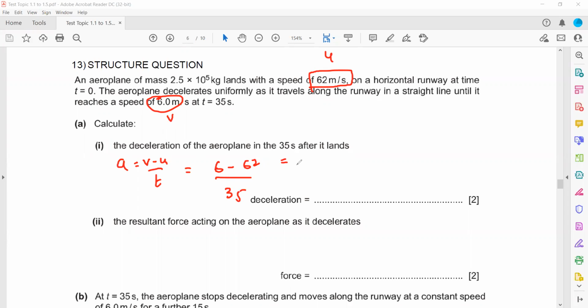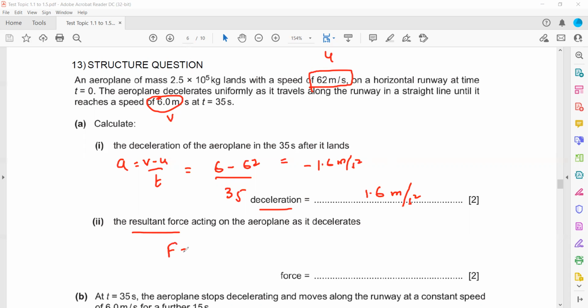So 6 minus 62 divided by 35 will give us the deceleration of the airplane, which is about 1.6. Basically, it will be negative 1.6 meter per second square, but because they already mention deceleration, you can just write the magnitude here, because the negative sign suggests that the object's speed is decreasing, or it is decelerating.